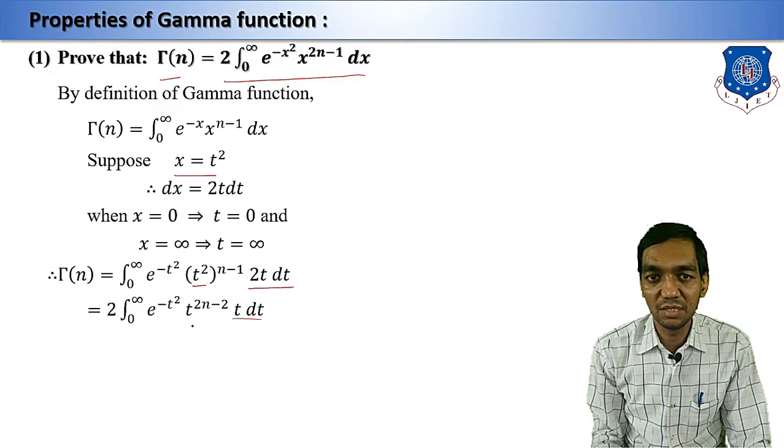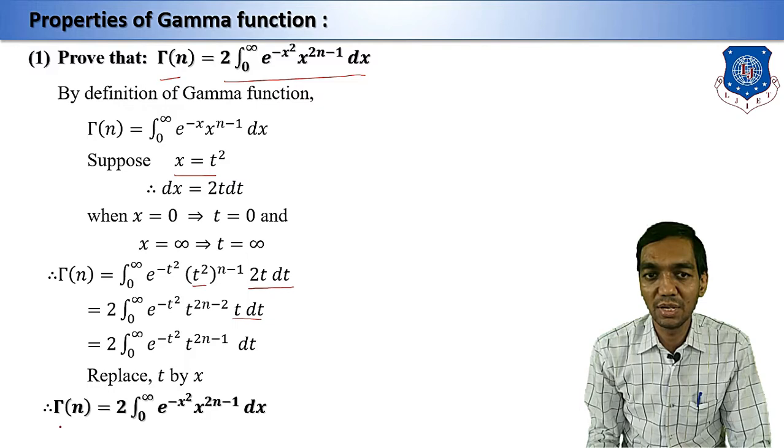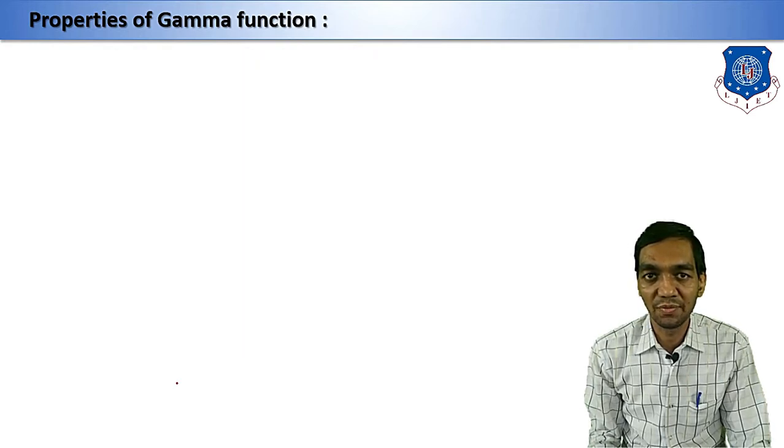This gives 2 into the integral from 0 to infinity of e raised to minus t square into t raised to 2n minus 1 dt. Replace t by x, and gamma n is equal to twice the integral from 0 to infinity of e raised to minus x square into x raised to 2n minus 1 dx. This proves the first property.